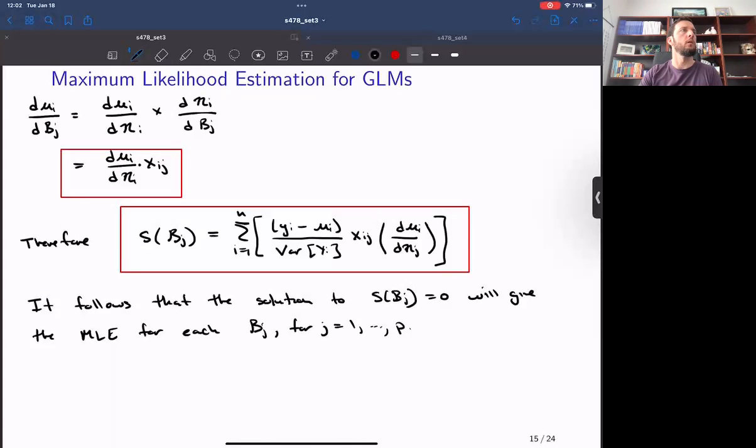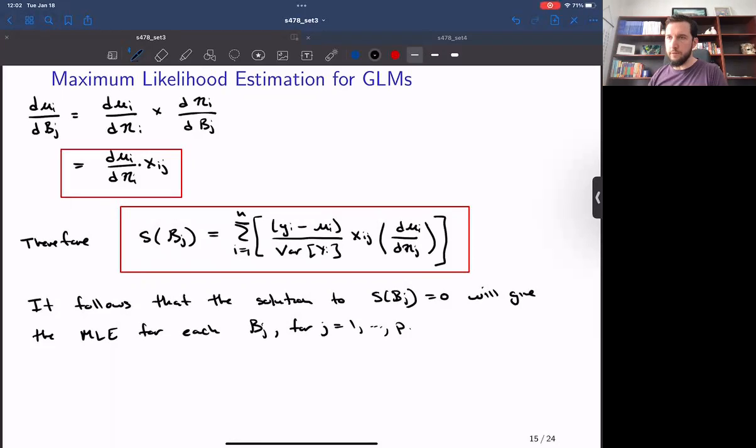Okay, so the next thing that we're going to do, the objective right now, is to work out a method for evaluating these MLEs. We're trying to find our own version of the Newton-Raphson for fitting a generalized linear model.